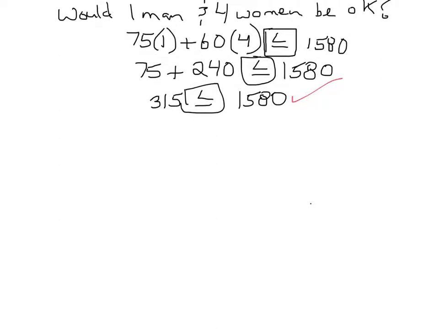Can somebody give me another number of men and women to check? Try and pick one that you think won't work. 10 men, 5 women. No, that still works. So how many women? What's your guess? 15? Let's try this. 10 men and 15 women.